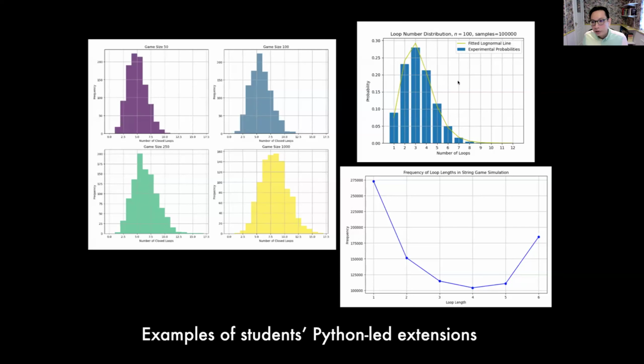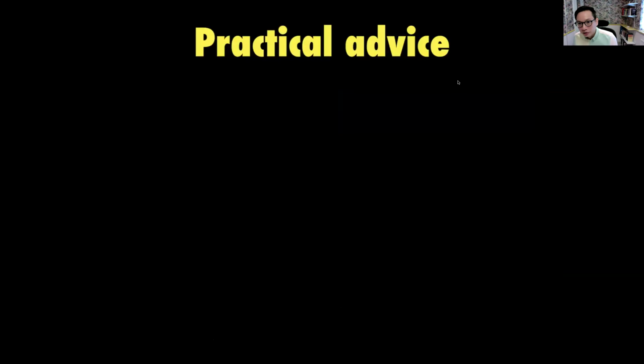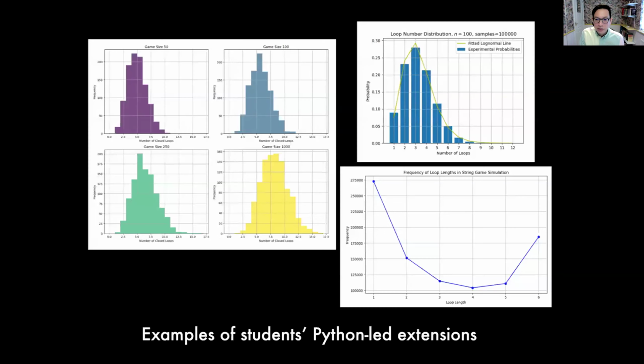This student went further on the right here, did the same thing with a large number of samples, and tried to fit a log normal distribution on top of this. So that's great. Let's try to spot the distribution. It's probably not something you could have done by hand, I don't think.